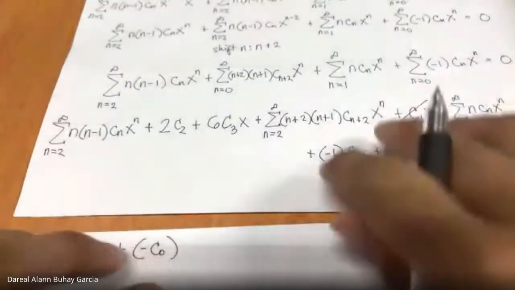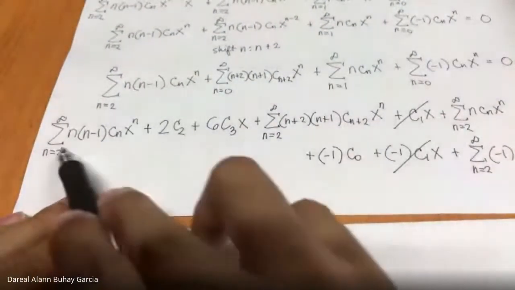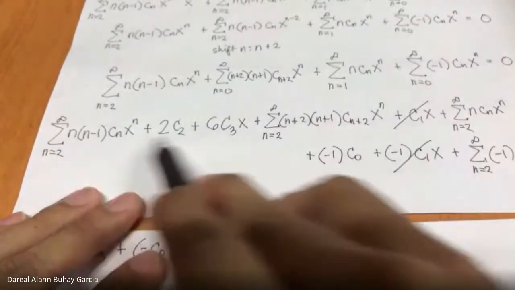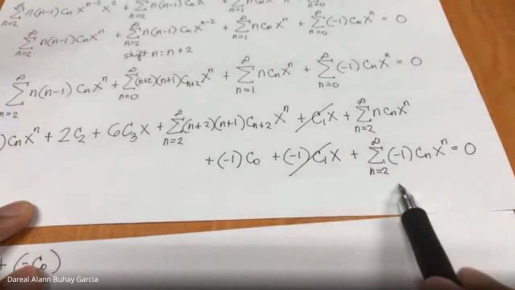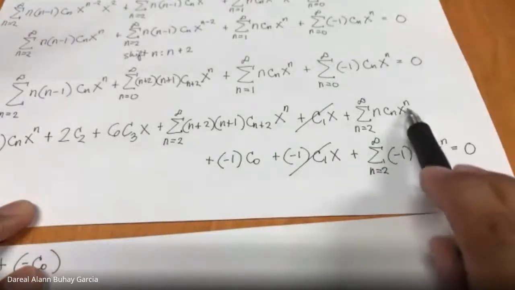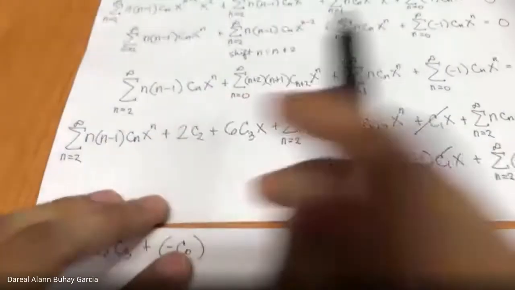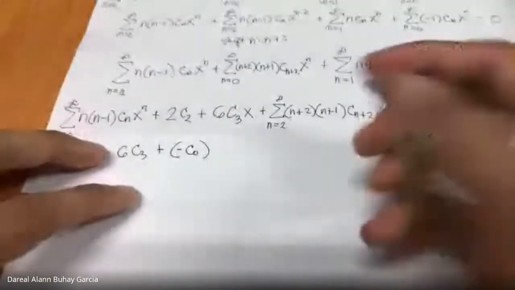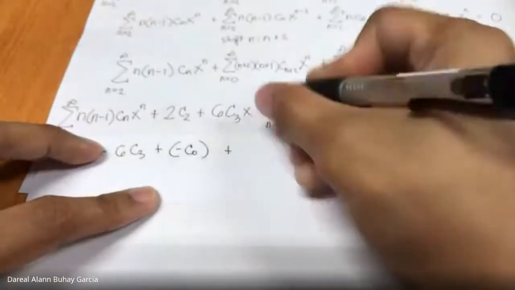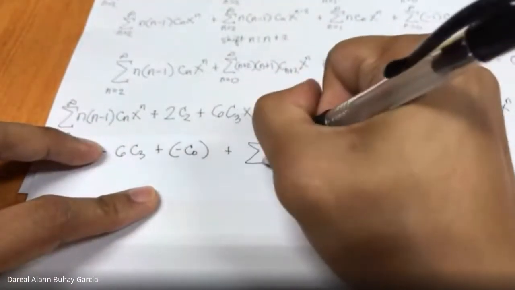And notice, tanan nga tong summation 2 ng index. Tanan to x is x to the power of n ang exponent. So, pwede na ito sila ma-umbrella sa isa ka summation.